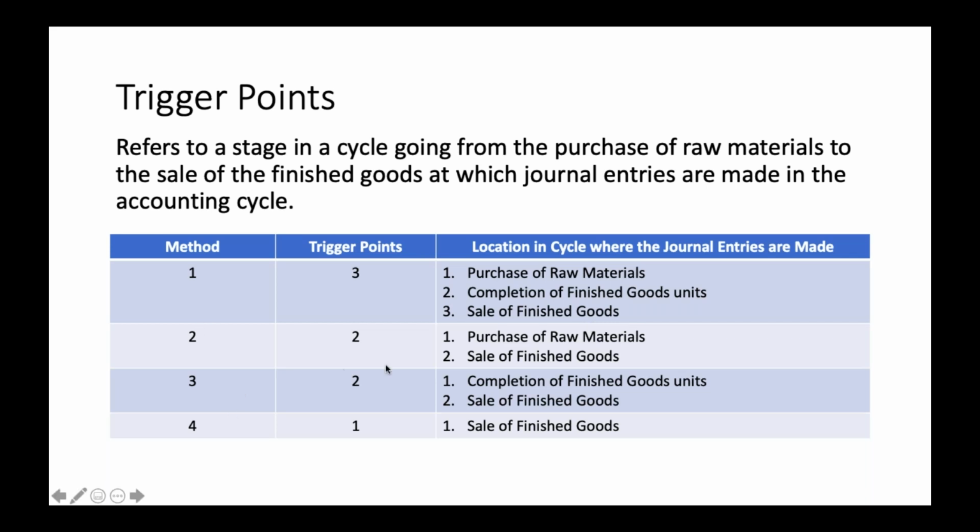Now, methods 2 and 3 have two trigger points: upon purchase and upon sale, or upon completion and upon sale. For method 4, there is one trigger point, and that is upon sale of the finished goods.